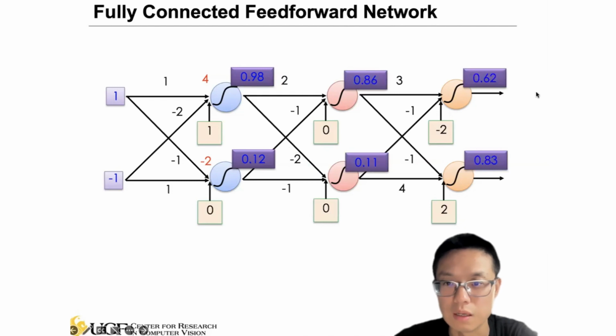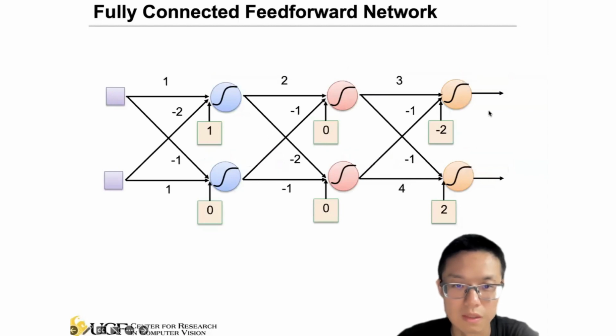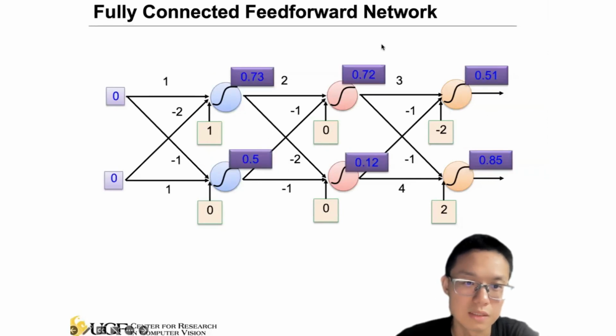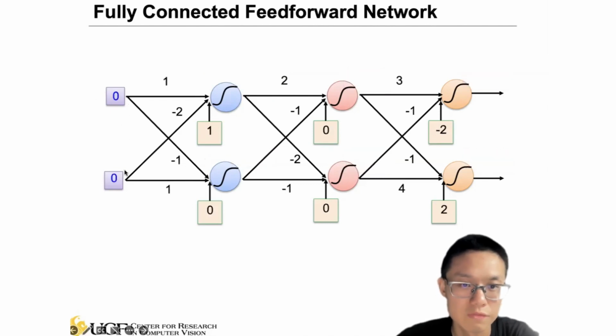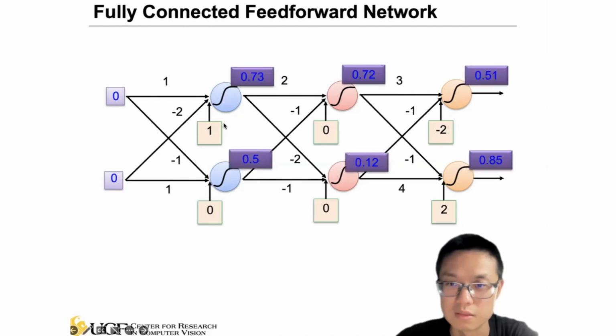We can do this for the next layer, and eventually we get these two outputs. Okay, so if we get a different input, before this was input 1 and -1, we have input vector 1 and -1. And if we change to a different input vector, the weights will be the same, and we get a different output, right?